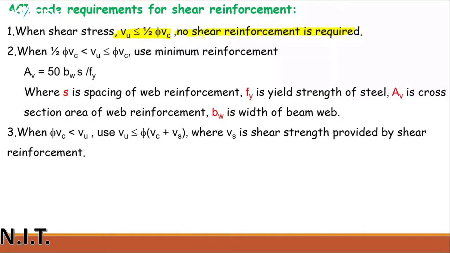We don't need to provide any shear reinforcement. When VU is greater than half phi VC and less than or equal to phi VC, then you need to provide minimum shear reinforcement, and it can be calculated.